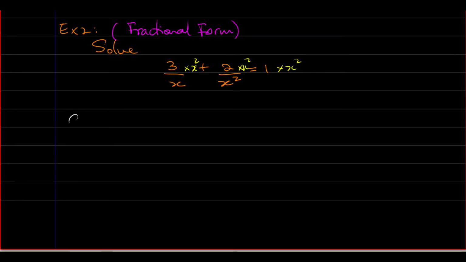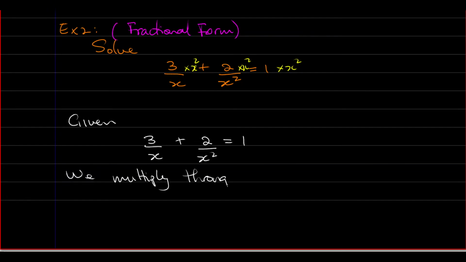So given 3 over x plus 2 over x squared equal 1, we multiply throughout by the highest denominator. You could say highest order denominator if you wish.